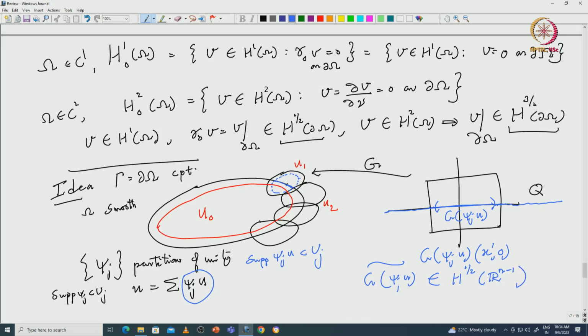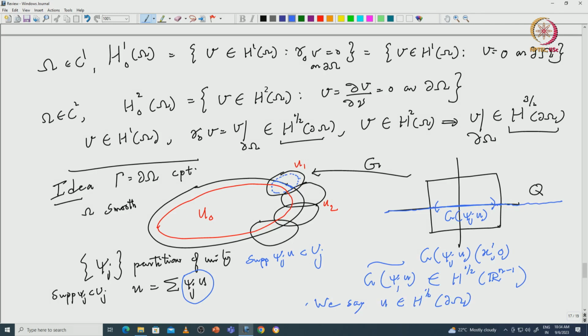Okay. And then the same thing should happen for all kinds of partitions. If that happens and if you have H^{1/2} of R^{n-1}, we basically say u is in H^{1/2} of the boundary of Omega.